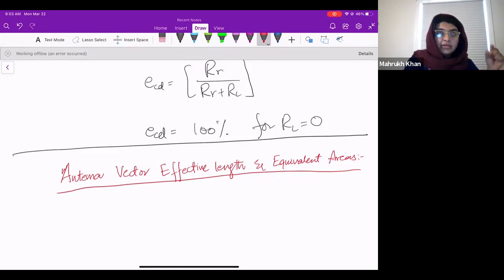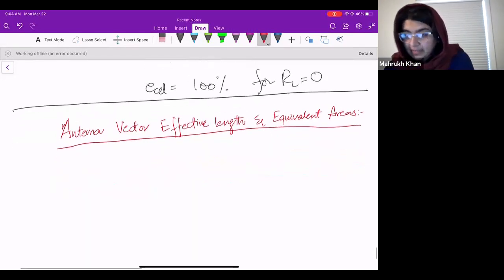It means that your antenna's electric effect is more than its physical size. So the physical size is different than its effective length in some scenarios. Or you can also say that the footprint of the antenna is more than its physical size. So that's why we are all the time concerned with its vector effective length.